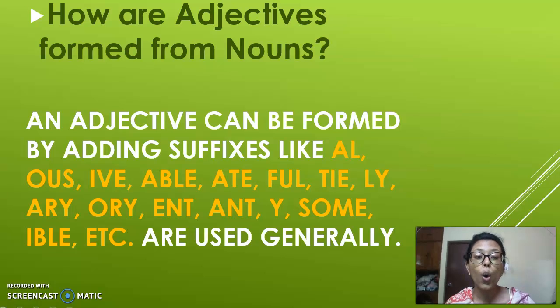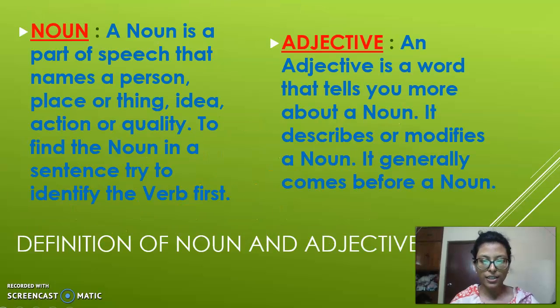Al, A-L; ous, O-U-S; ive, I-V-E; able, A-B-L-E; ate, A-T-E; ful, F-U-L; ly, L-Y; ary, A-R-Y; ory, O-R-Y; ent, E-N-T; ant, A-N-T; y; some, S-O-M-E; ible, I-B-L-E, etc. Generally, when you add these after the noun, it transforms into an adjective.